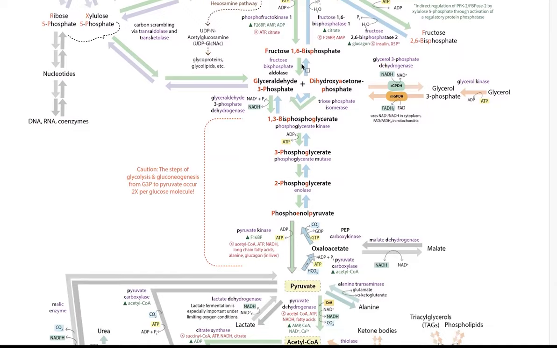So we split the molecule in 2 with aldolase. We started with the 6 carbon and split it into 2 3 carbon pieces. Each of those pieces has a phosphate group, and you can interconvert between these pieces. But only one of these pieces is actually going to be able to continue on through glycolysis. That's going to be this glyceraldehyde 3-phosphate.